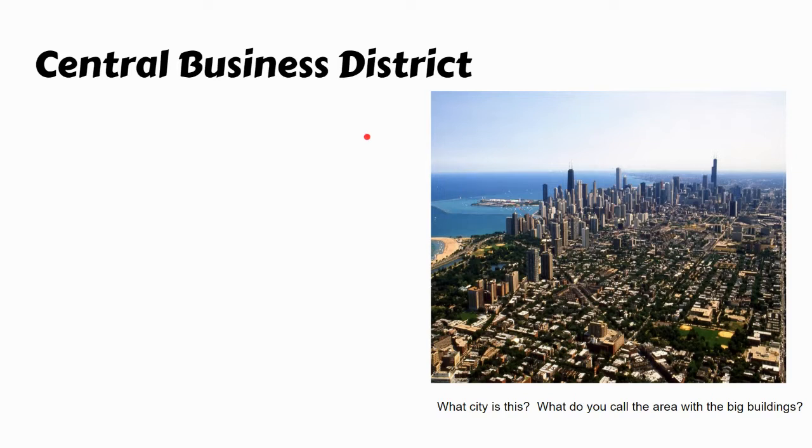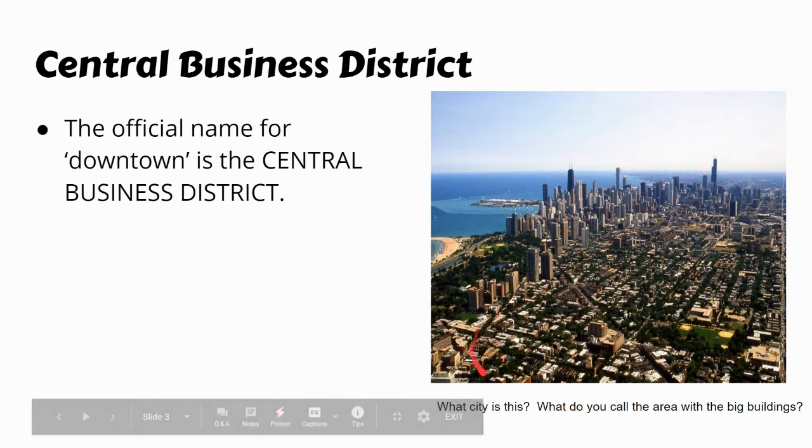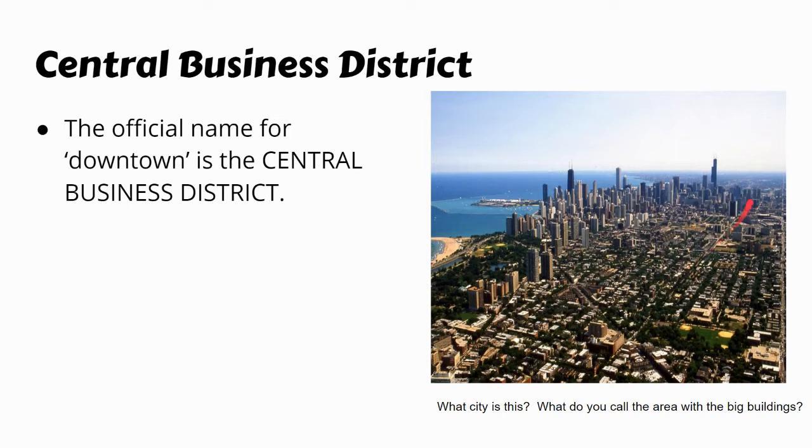So CBD is a synonym for downtown, the business district of any particular city. This is where all of the business of a city happens. Some of this is residential, some of it is recreational, and so on. Again, we're talking about how cities are organized, but all cities have this economic area at the heart of the city.